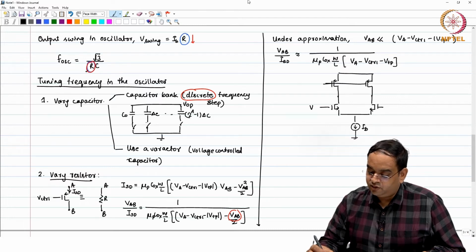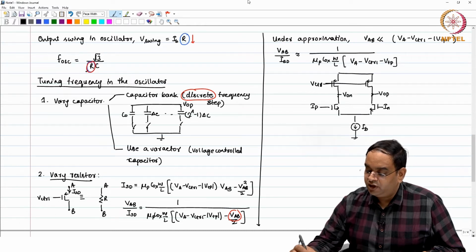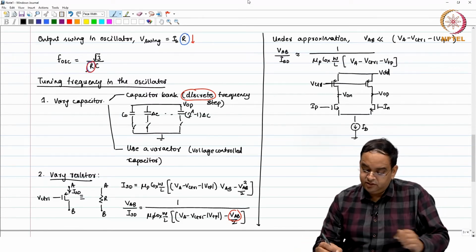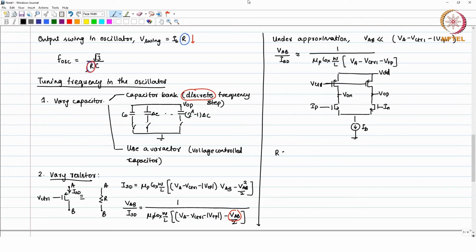So, this is your IP and IN, VOP, VON, and this is V control. Here you have VDD. So, for this case the equivalent resistance, let me just write it, is 1 divided by mu p Cox W by L into (VDD minus V control minus mod VTP).